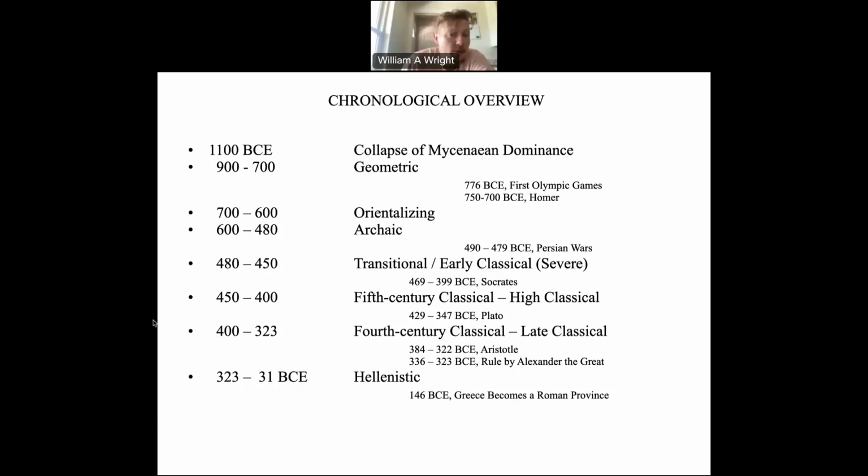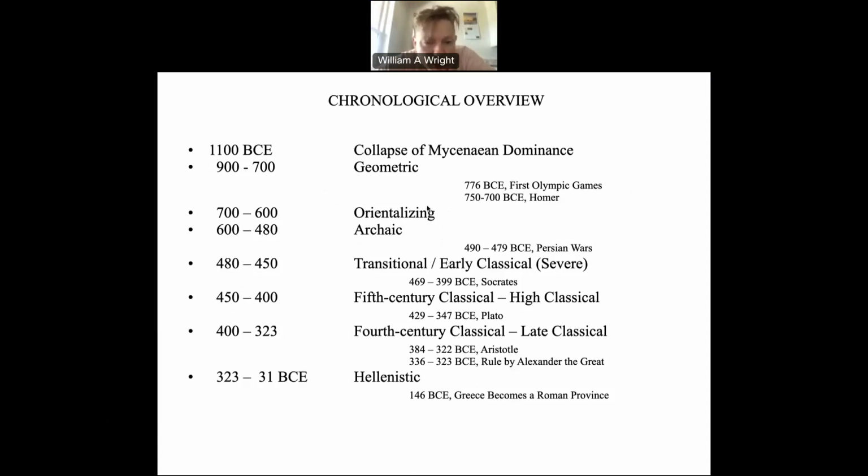In any case, we start to see in chronological order this development of Greek culture. So the early geometric styles, they're very simple. We start to see the focus on athletics. We start to see Homer and the Odyssey and the Iliad develop. Then Orientalizing. I don't really love that word.